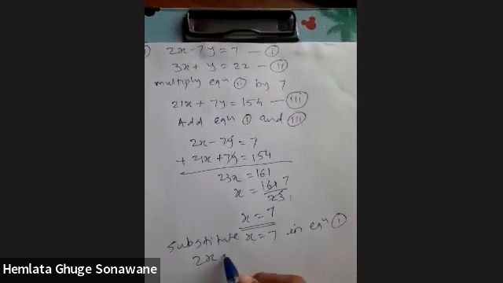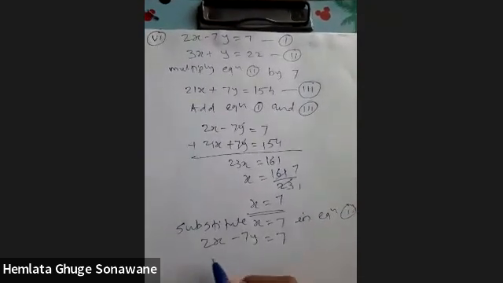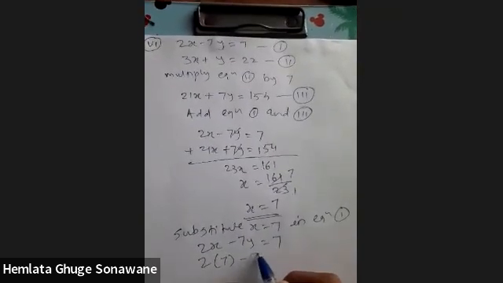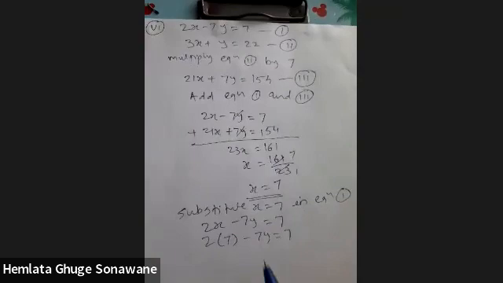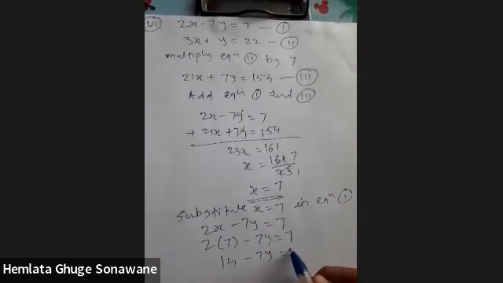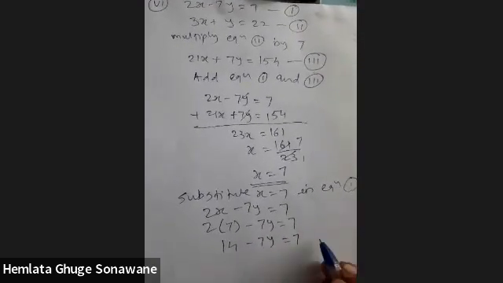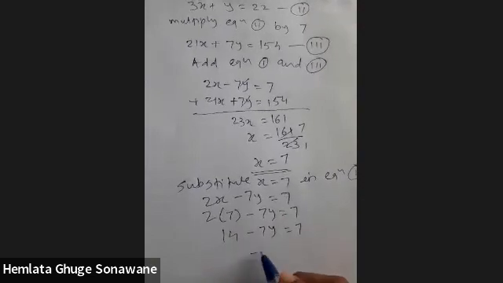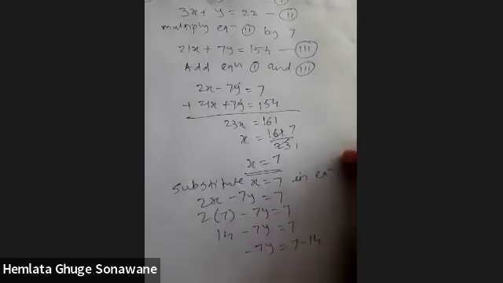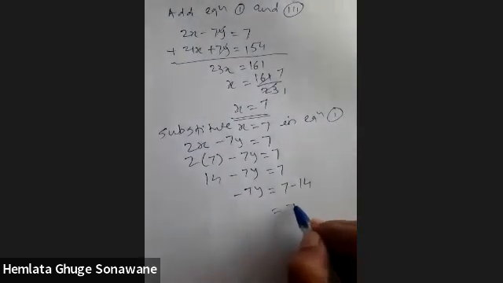Our equation number 1 is 2x minus 7y is equal to 7. 2 into value of x is 7, minus 7y is equal to 7. 7 2s are 14, minus 7y is equal to 7. Now this plus 14 becomes minus towards the right hand side. So minus 7y is equal to 7 minus 14. 7 minus 14 is minus 7.